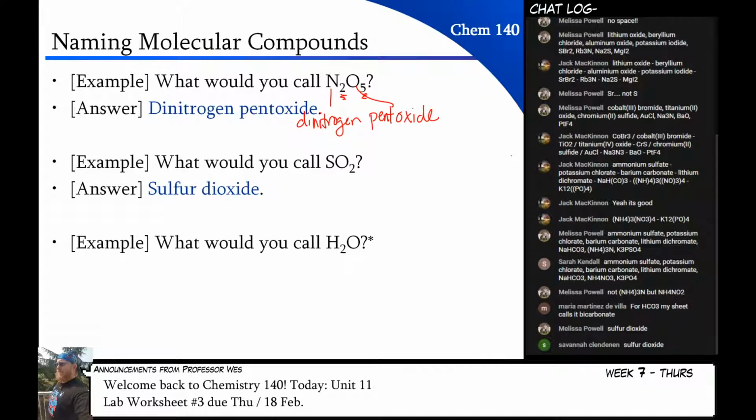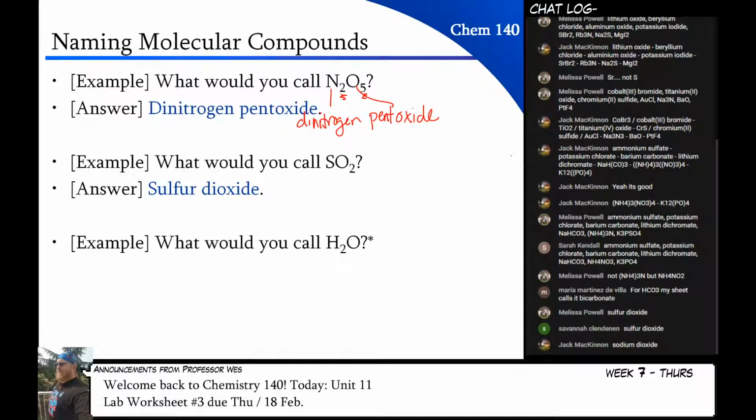How about this one? Give you a hint, we can't call it water. Water is a common name. We wanted to give it a systematic name. What would you call this?